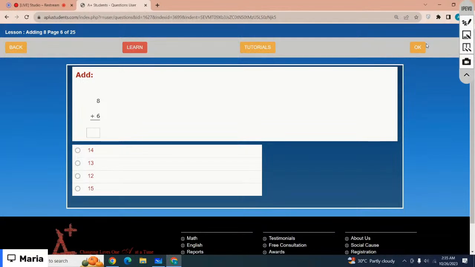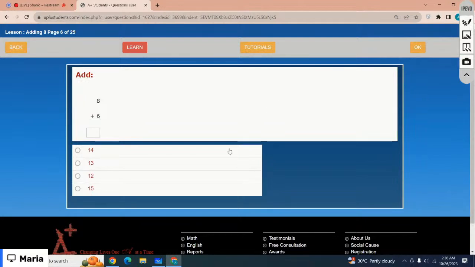Okay, the next one is 8 plus 6, which is the correct option? Yes, the correct option is 14. 8 plus 6 equals 14.